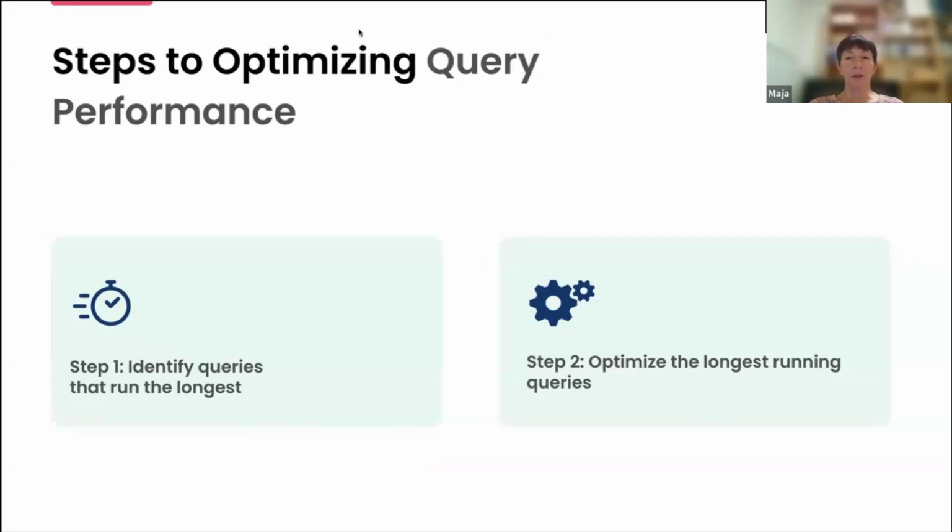This is actually what I will be showing you in the demo. First of all, how to identify the longest running queries, and then how we can use LLMs to optimize the queries and test the performance.